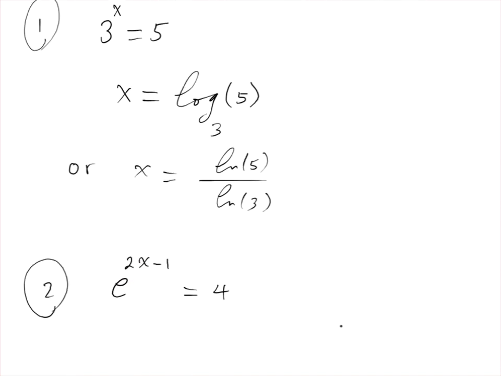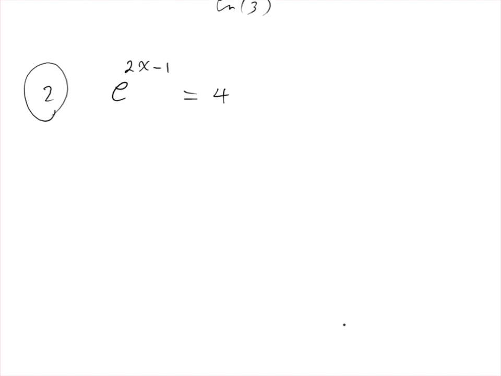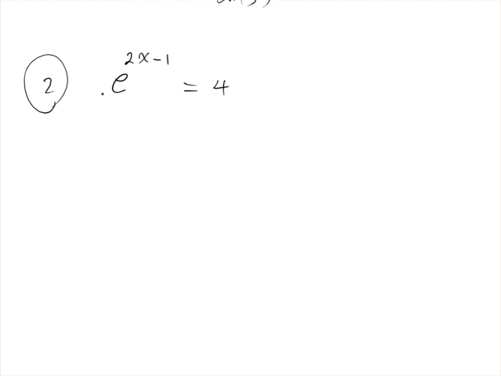So here's another example. We have e to the 2x minus 1 equals 4, and we want to solve for x. We know that the exponent, 2x minus 1, can be written as ln, which is log base e. The base of the log should match the base of the exponential function. Only then, when the bases match, are these inverse functions. So this would be ln of 4.